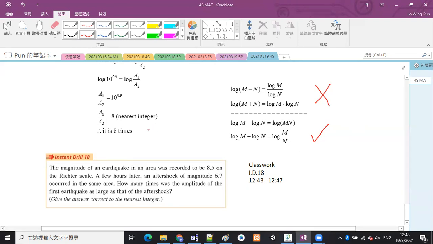Okay, have we done this? So the magnitude of an earthquake in an area was recorded to be 8.5 on the Richter scale.